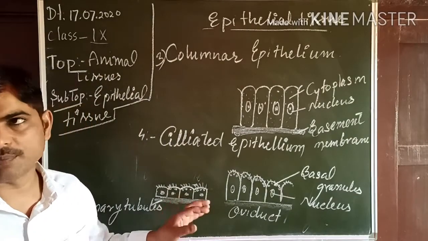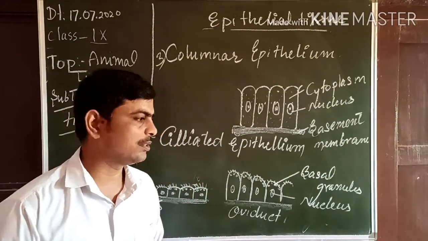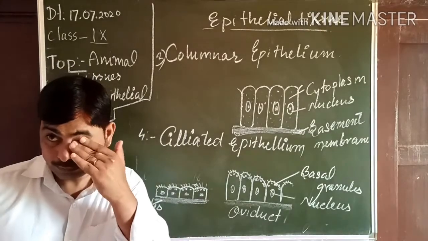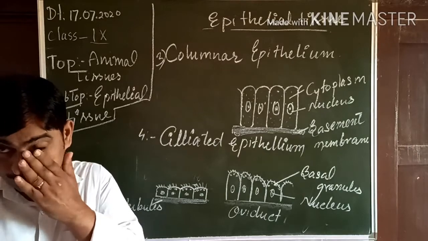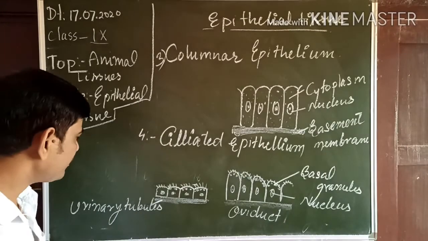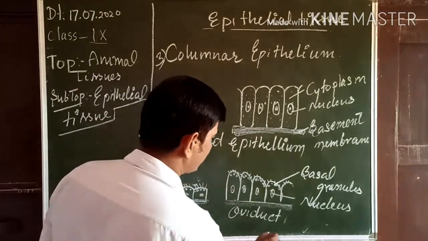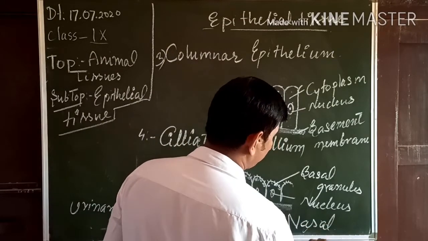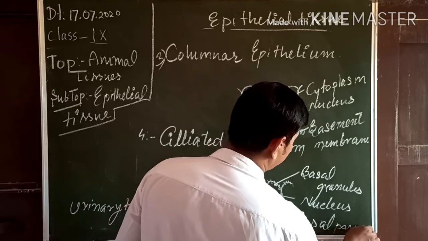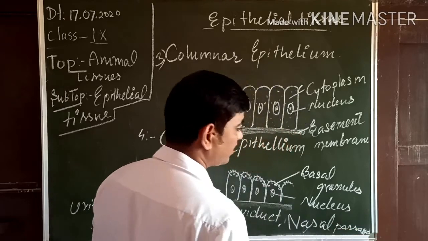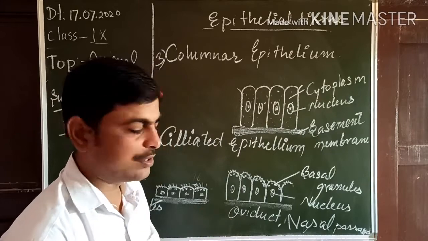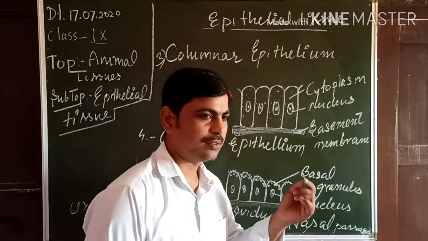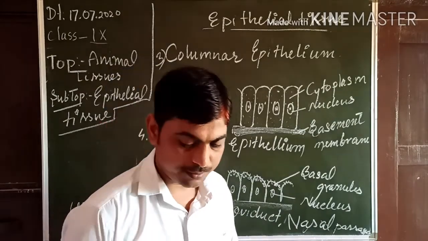These are just examples. If you want some more, you can write nasal passage. Wherever there is movement, like in the lungs also, it depends on the space. In the nasal passage we have long ciliated structures.